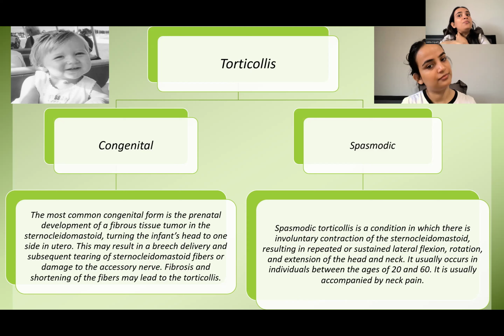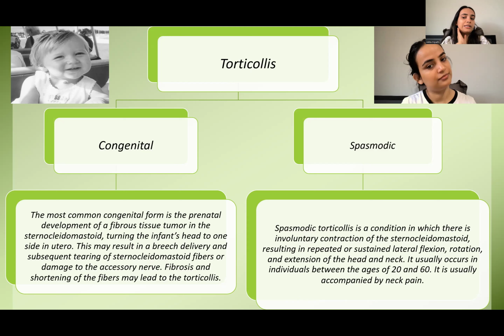The SCM undergoes a shortened position that will lead to contracture of the SCM, or a temporary increase in tone of the SCM, so that our neck is tilted like this. So how is my neck in this position?